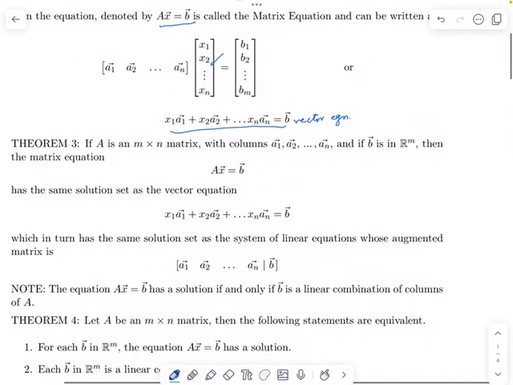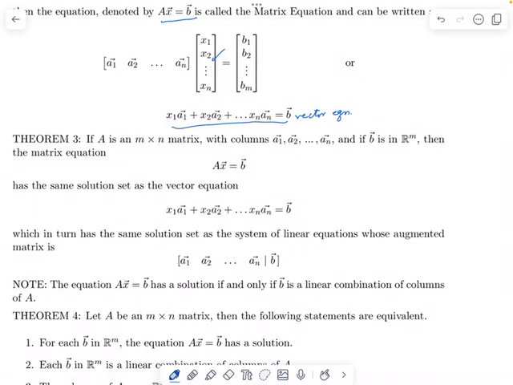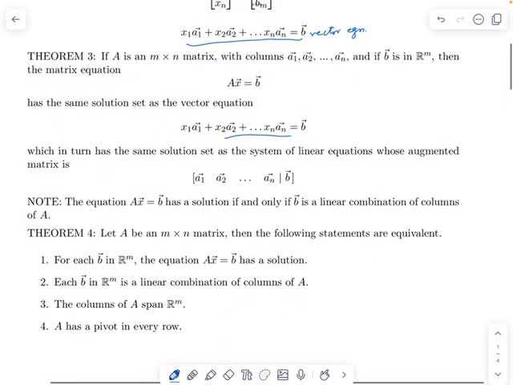Now we have a theorem. If A is an m by n matrix with columns a1, a2 up to an, and if b is in Rm, then the matrix equation Ax = b has the same solution set as the vector equation. As I just said, they are equivalent to each other, which in turn has the same solution set as the system of linear equations whose augmented matrix is this.